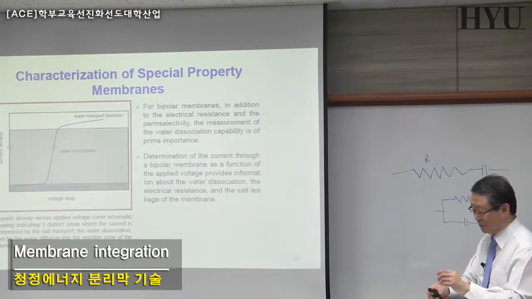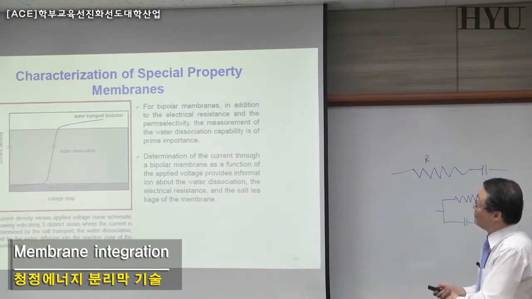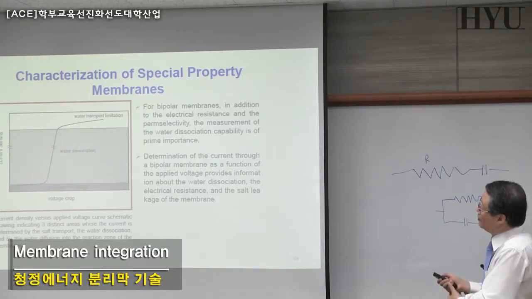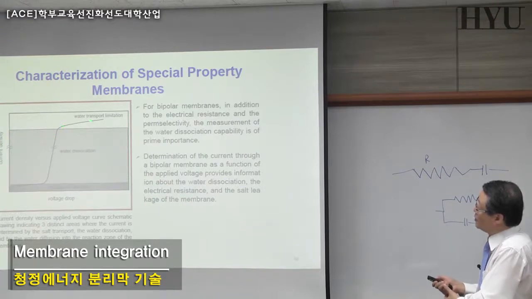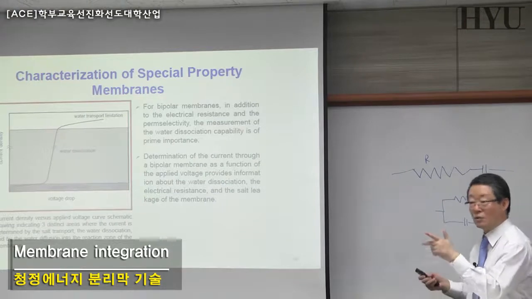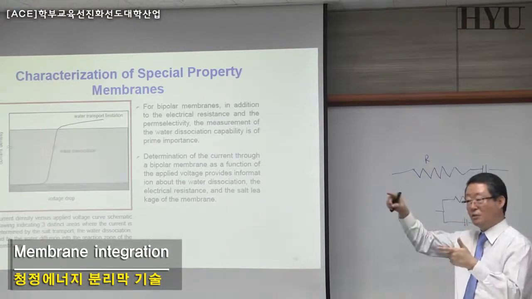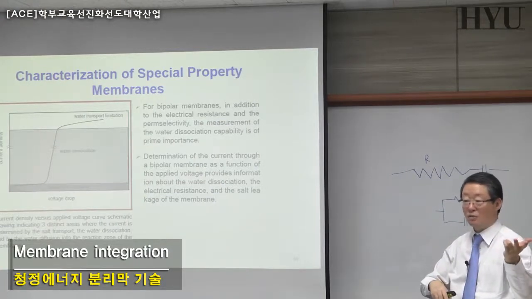For example, if you are using the bipolar membrane, you need to know about the electrical resistance, of course, and the permselectivity. But you also need to know about the water dissociation curves or the water transport limitation curves, just like what we can see here. Current density versus the voltage drop was linear in our case, in the case of basic solutions.